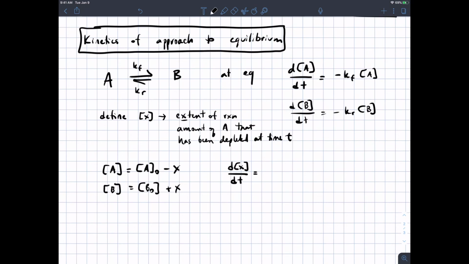But at any given time, the rate of change in X should be the forward rate times the concentration of A, which is really just A naught minus X. And because we've said X represents the amount of A that has disappeared in the reaction, that's going to be balanced by the reverse rate of the reaction, which is B naught plus the concentration of X. That's a little bit of a tough jump.